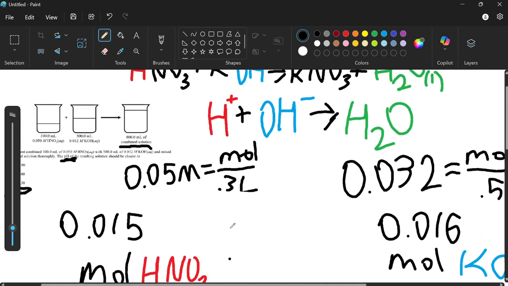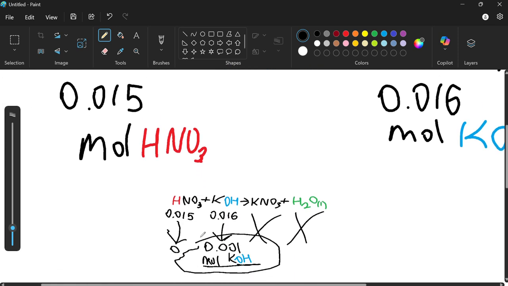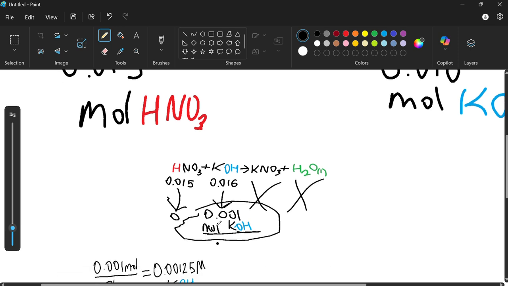And so using the limiting reagent, because you're decreasing the reactants as you proceed, the limiting reagent just decreases all the reactants by that number. And so that decreases the limiting reagent to 0, and then the other one to whatever's left over, and use the leftover amount of the other reactant, that being the base or the acid, and that gives you basically a hint to the moles of the base or the acid.